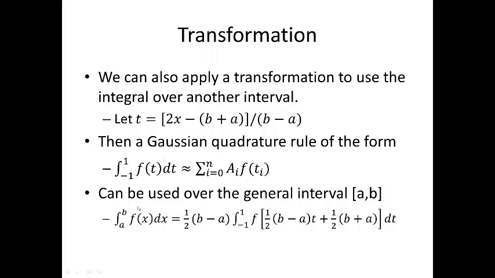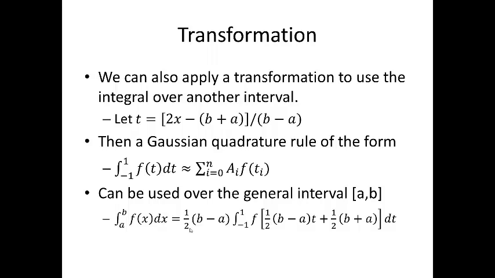It can then be used over the general interval a to b, given this formula: 1/2 (b minus a) times the integral, again normalized to -1, 1, of f evaluated at 1/2 (b minus a) t plus 1/2 (b plus a) dt.